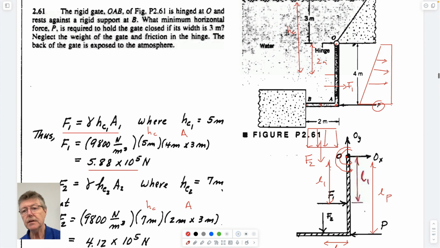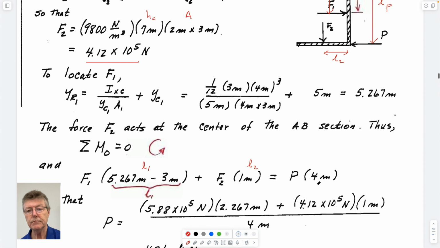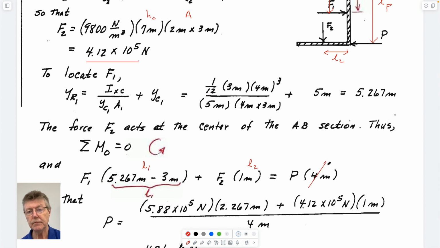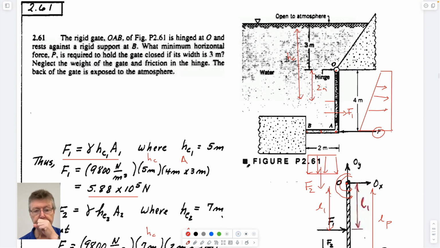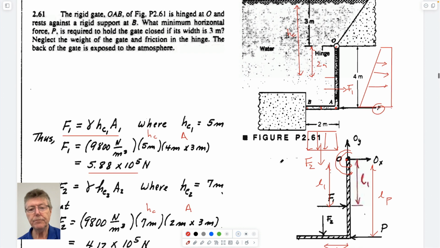LP geometrically is 4 meters. So this is LP. And so what we don't know are these two values. And so we have to solve for those. And so these two values will just be our values of y sub r, uppercase R. So we have to go back in and do those calculations. And what will they be?